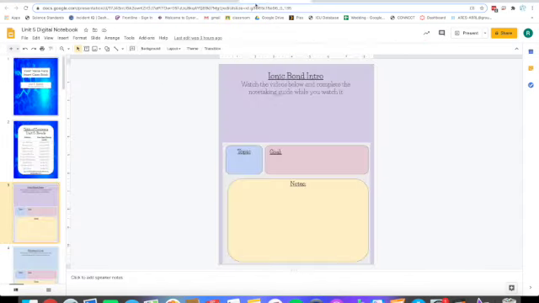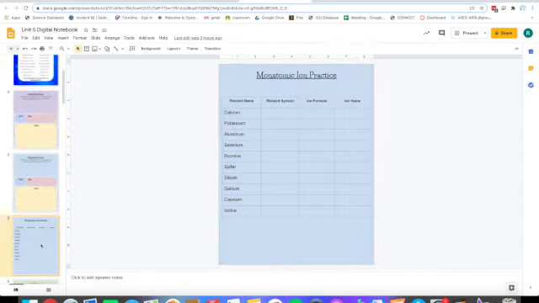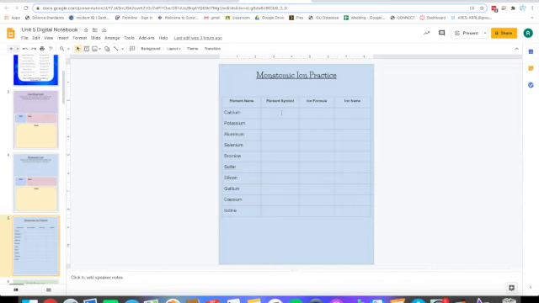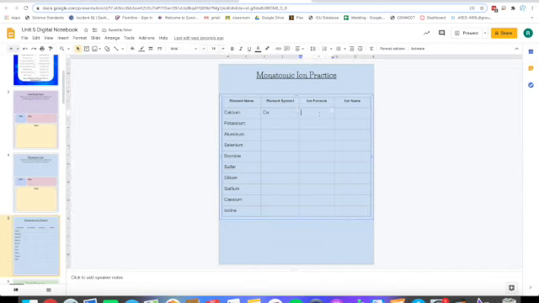All right, so in your digital notebook on the next slide, you'll notice there is a chart that you'll need to fill out. In this first column, you just write the element symbol. So calcium, if you look at your periodic table, calcium is Ca. So in this first column, you put Ca. Now the ion formula, that is the symbol plus the charge.